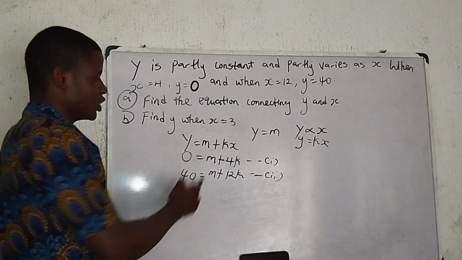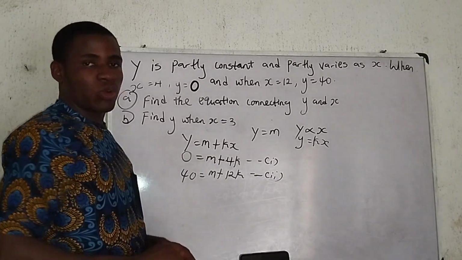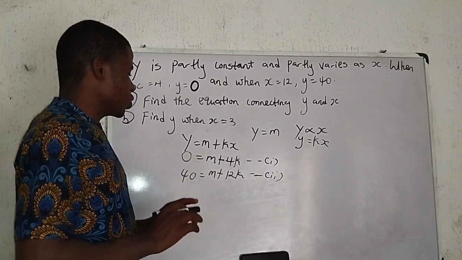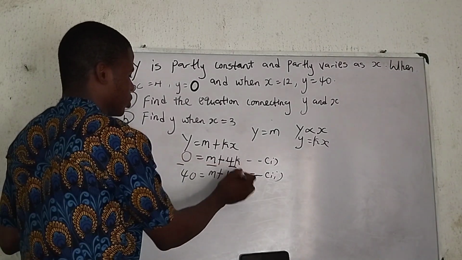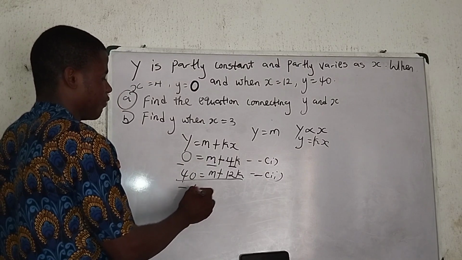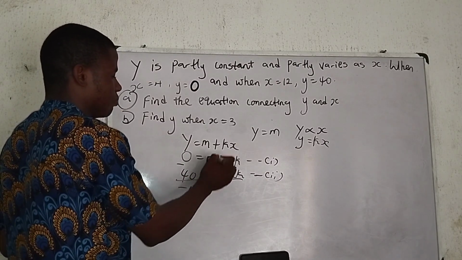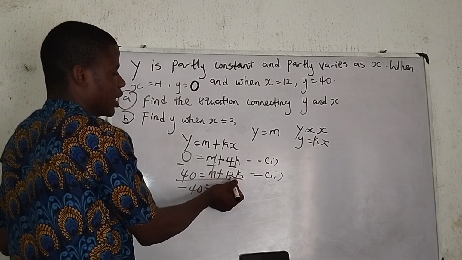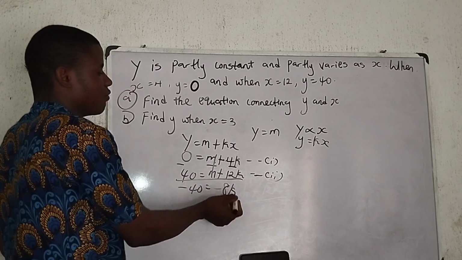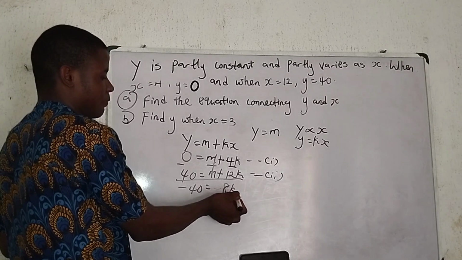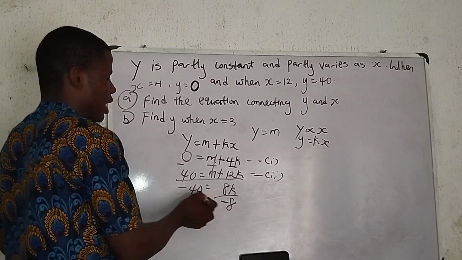I hope it makes sense. So I'm having two equations and I'm going to solve them simultaneously. To be faster, I'm going to use the elimination method. So if I subtract, 0 minus 40 is minus 40 is equals m minus m is 0. Now, 4k minus 12k will give me minus 8k. So for me to get the value of the constant k, I'm going to divide both sides by what?